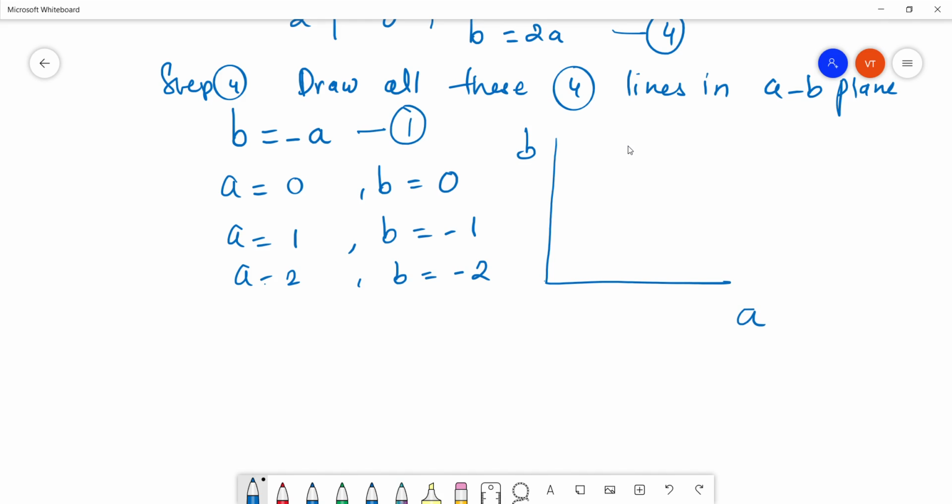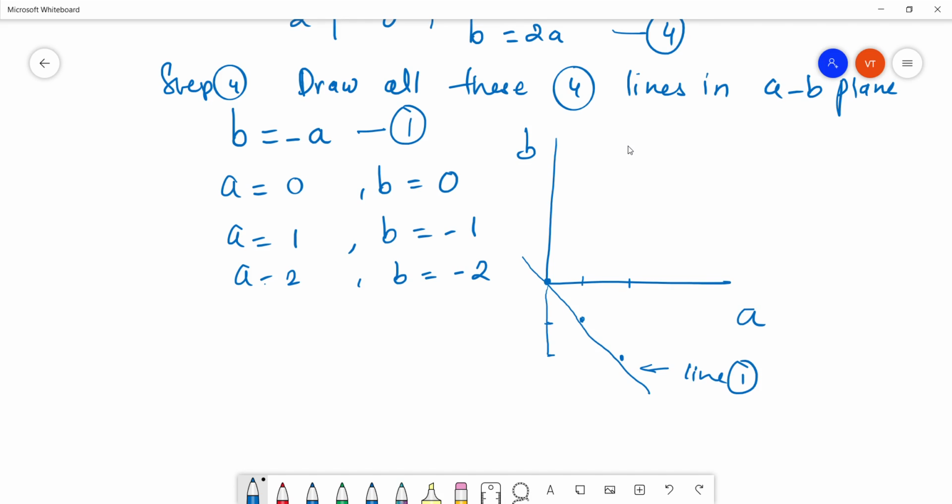So a is 0, b is 0, then a is 1, b is minus 1, somewhere here, then a is 2, b is minus 2, somewhere here. So I'll get this line. This is line 1. Similarly you will get 2, 3, 4.